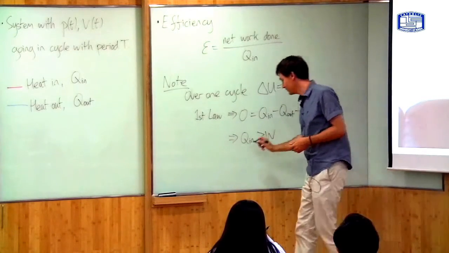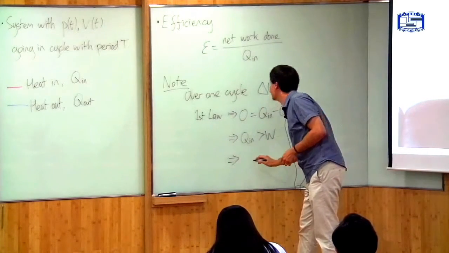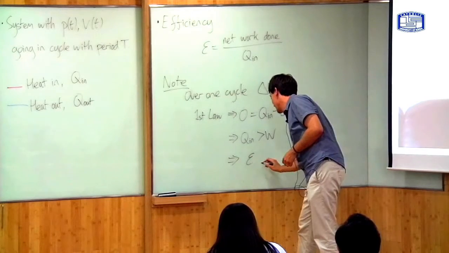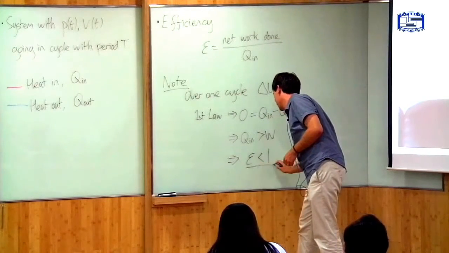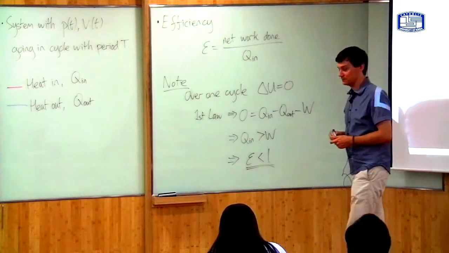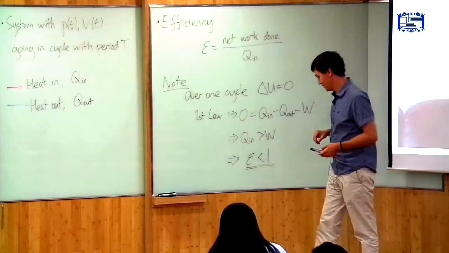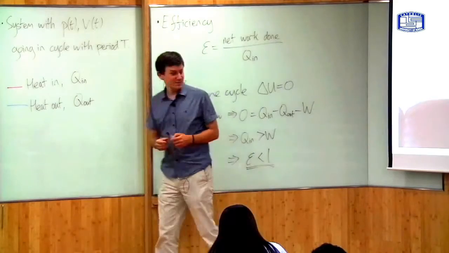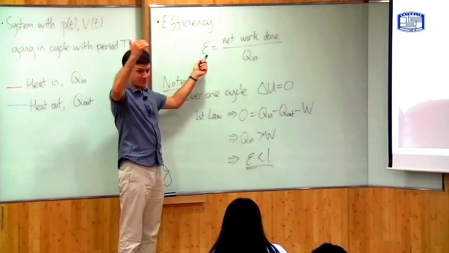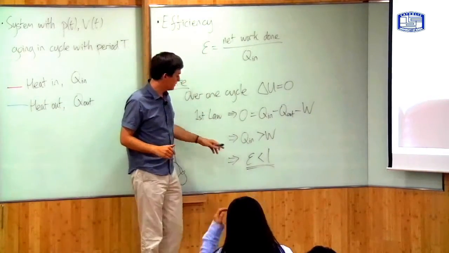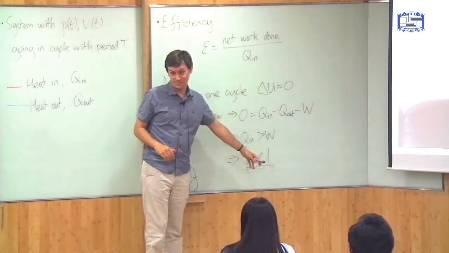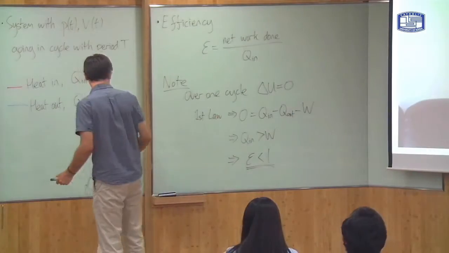Sorry to write down here, but it's just one more line. Therefore, the efficiency must always be less than 1, because the efficiency is that divided by that. So in a good engine, you want this number epsilon to be as high as possible, but the maximum it can be is equal to 1. It can't be more than 1.